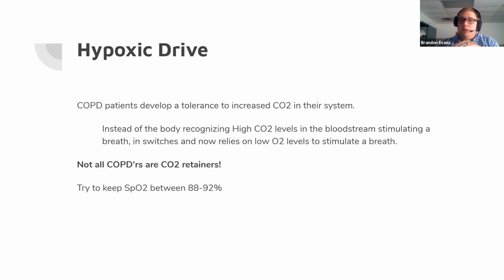Well, at some point with the CO2 retention, your COPD patients, that flips, and your body no longer registers that high CO2 as the key to stimulate breath. Now what it'll say is, hey, my oxygen level is starting to get too low. So as my oxygen level decreases, at a certain point, I'm going to need to take a breath. And so at 87%, 86%, 85%, it says, hey, I need to take a breath.